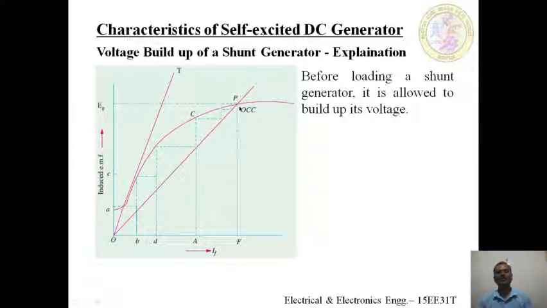That is, voltage build-up means a generator generating its rated voltage at rated speed. Any shunt generator, before loading, has to first build up its voltage. Then only can load be applied on the generator.